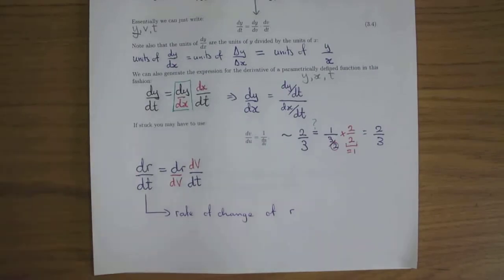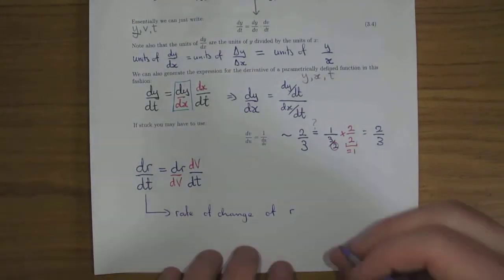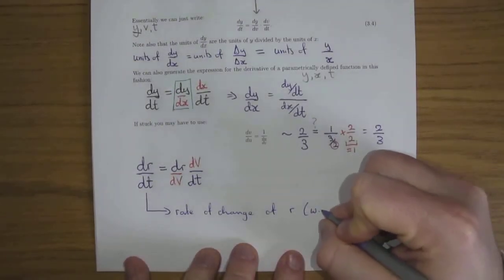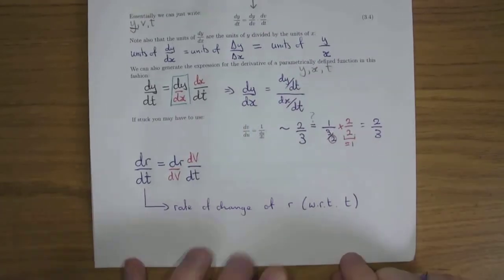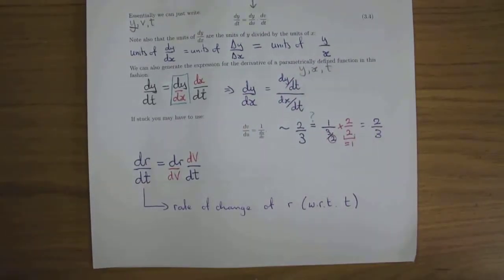Now if it's with respect to time, usually you just say the rate of change is automatically with respect to time, but you could include it. What it means is it's an instantaneous rate of change. Basically, if the time changes by 1 unit, the radius will change by dr dt. So it's how much the radius changes in time. It's the rate of change of radius with respect to time.